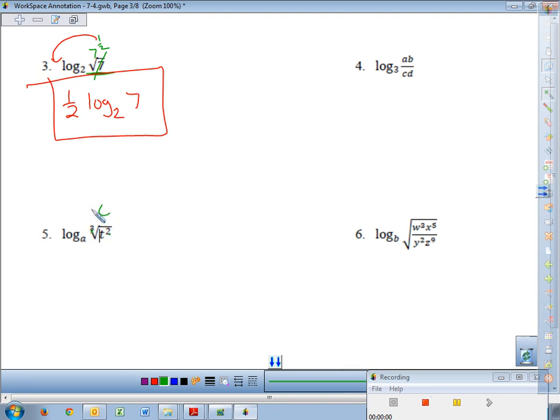Isn't this really t to the 2/3 power? Correct? Cross it out. And now that argument has an exponent, where does the exponent get to move to? Front of the log. 2/3 log base a of what? T. Groovy?